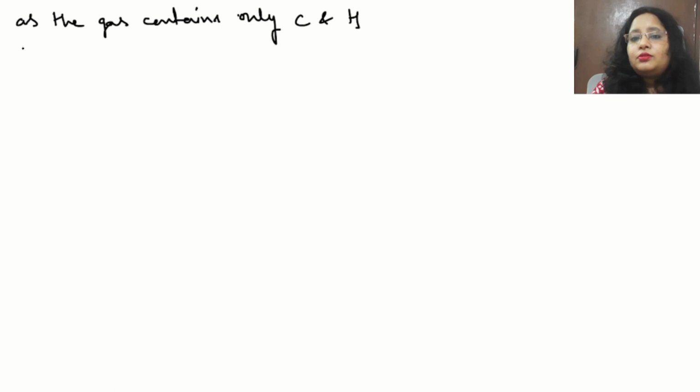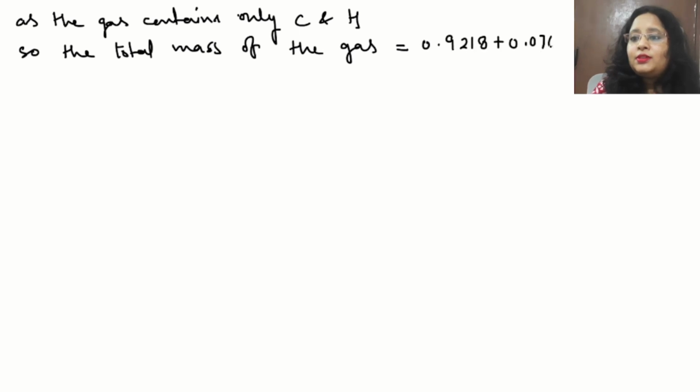As the gas contains only carbon and hydrogen, the total mass of the gas will be the same: 0.9218 plus 0.0767, and this in turn gets 0.9985 grams. Correct? Clear?